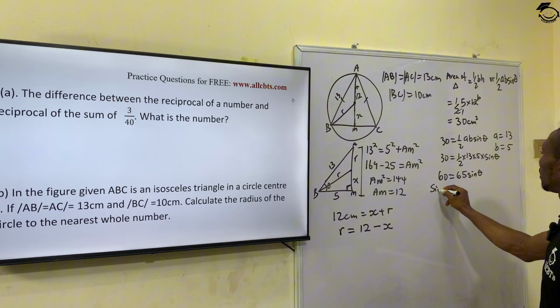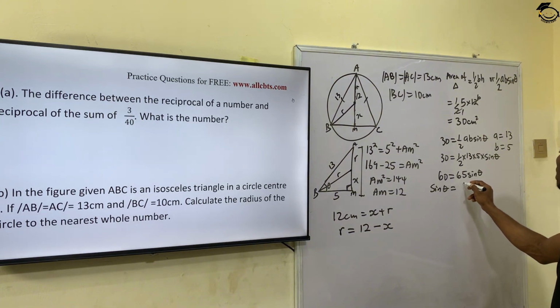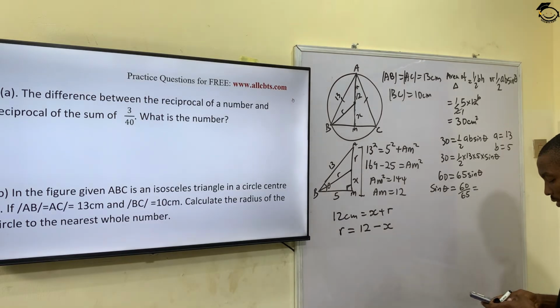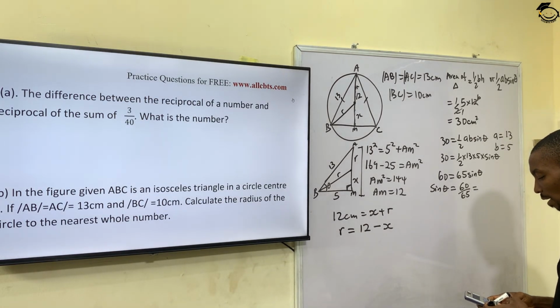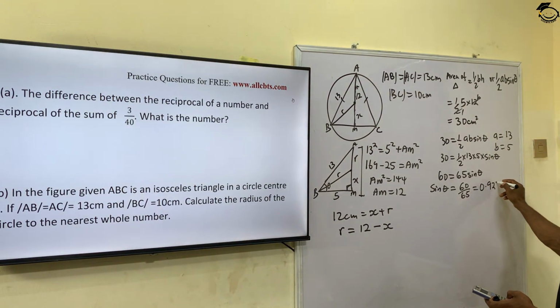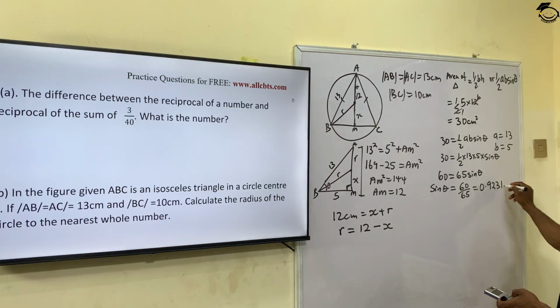So our sine theta will become 60 over 65, which gives us 0.9231.